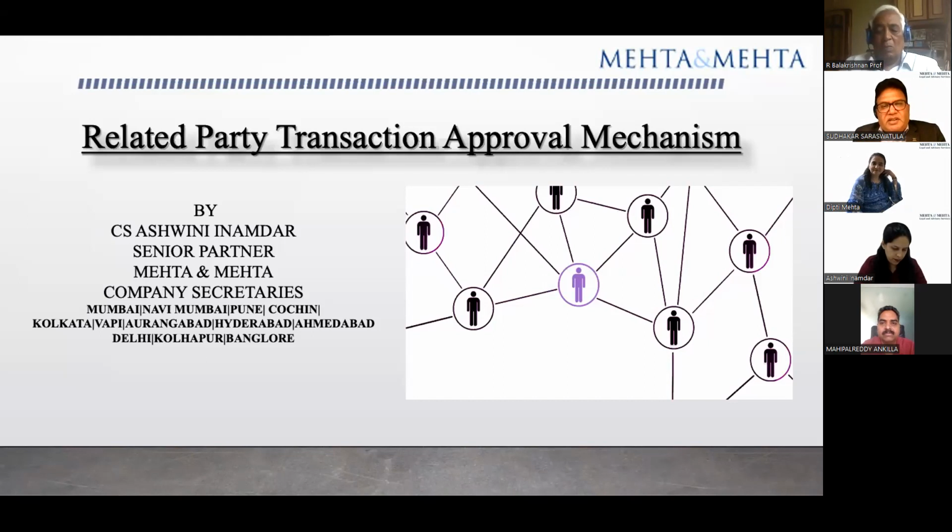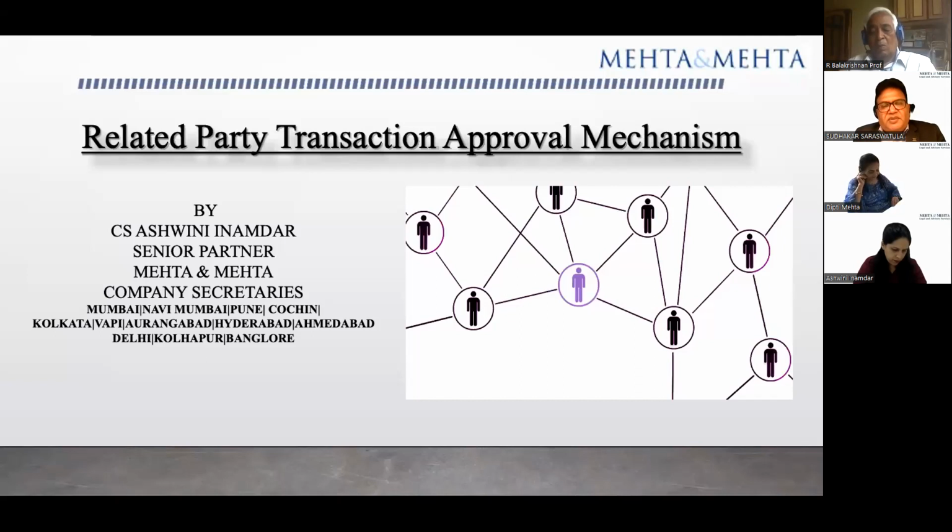In fact, if you see the related party transaction subject as a whole, it can be divided into 5 stages. Stage 1 was definitions, stage 2 is the key terminology, stage 3 is the related party transaction, stage 4 is the approval mechanism, and the last stage is about reporting and disclosures. Each and every stage is important.